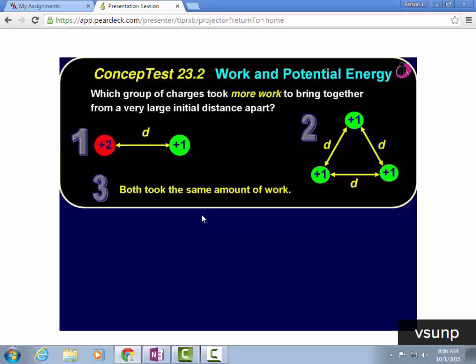For this one, this interaction is going to be 1 over d, and the other one is going to be 1 over d. So this is going to be 3 times 1 over d, which is equal to 3 over d. And so 2 is greater.